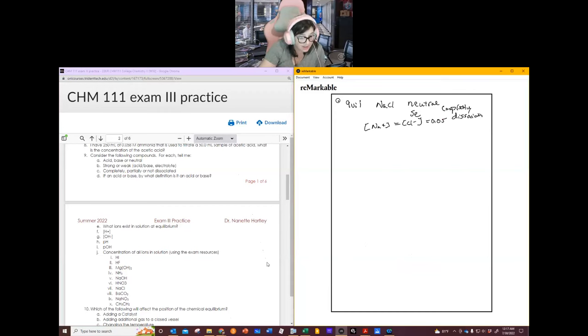In this case, because we're not talking about an acid or base here, our H plus is going to equal our OH minus, which is going to equal 1 times 10 to the minus 7th, because this is a neutral solution. Okay. Awesome possum. That one was easy.